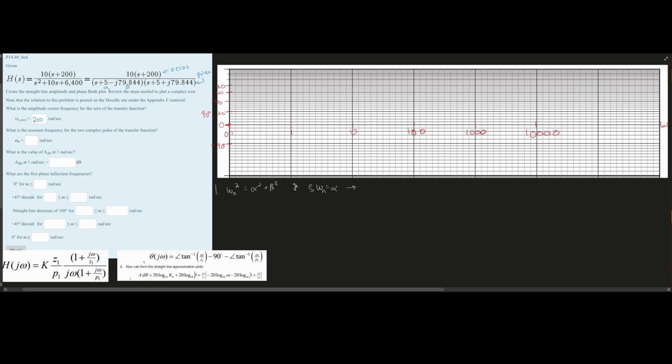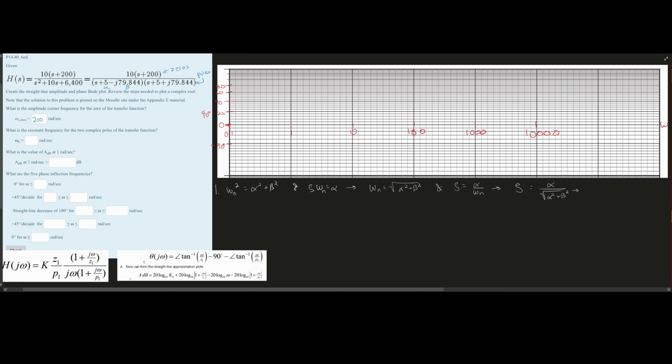So rewriting our omega n, we can say omega n is equal to the square root of our alpha squared plus our beta squared. And then we can say that our weird looking symbol, zeta, is equal to alpha over our omega n. And now we can rewrite this in each other. This is equal to alpha divided by the square root of alpha squared plus beta squared.